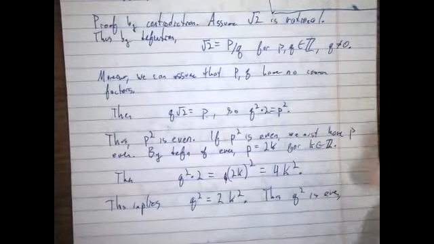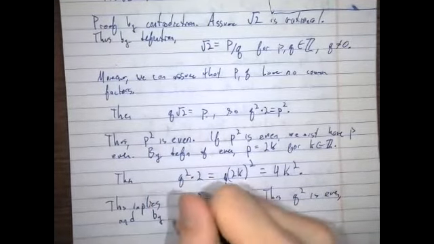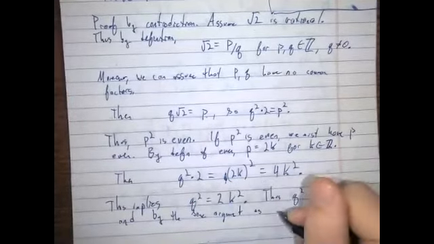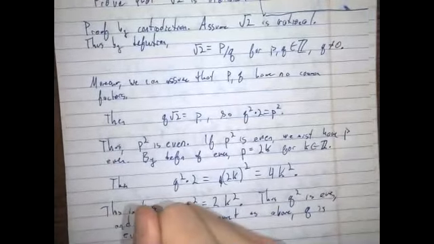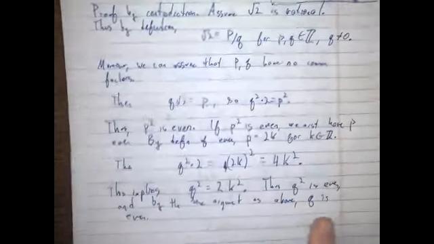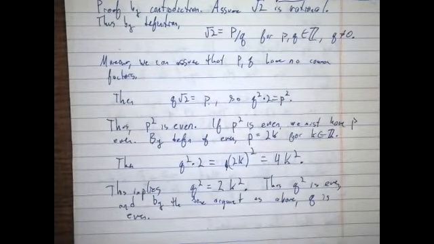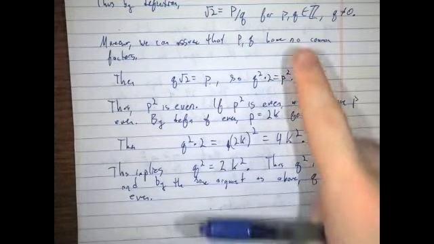And by the same argument as above, q is even. Because if a square is even, then the base of the square must be even. Okay, so what have we concluded here? Q is even, and also P is even.